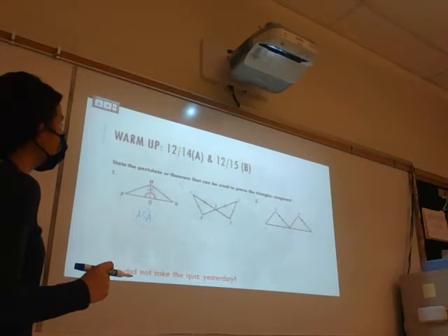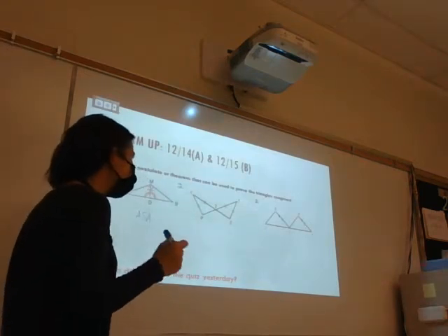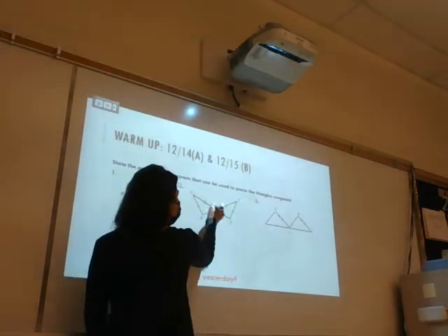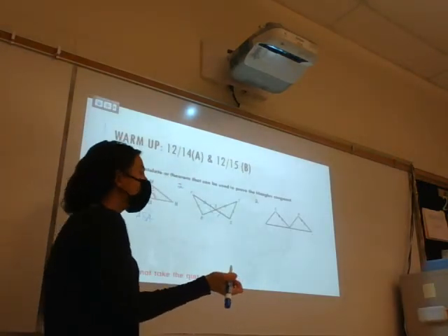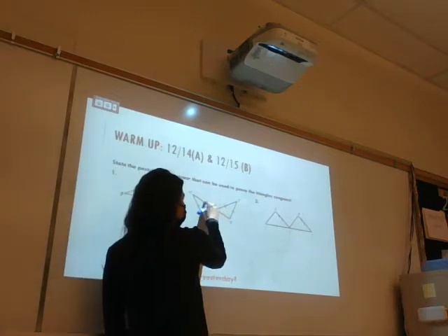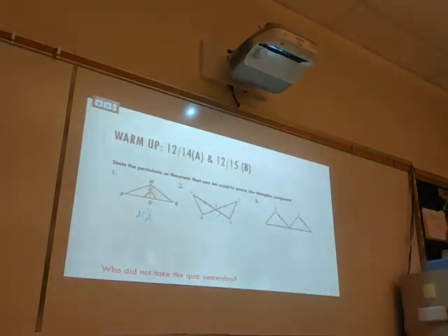For number 2, the only thing that we can mark right now are these vertical angles. If I mark that vertical angle, I would have an angle, side, side. So we can't use it. That's not one of our triangle congruency theorems. ASS is a bad word.